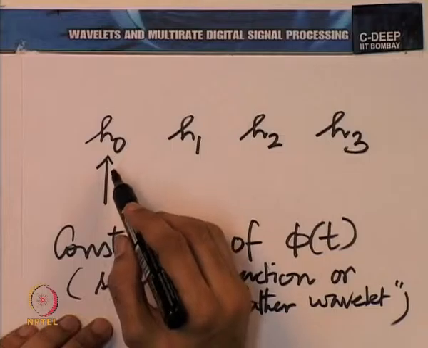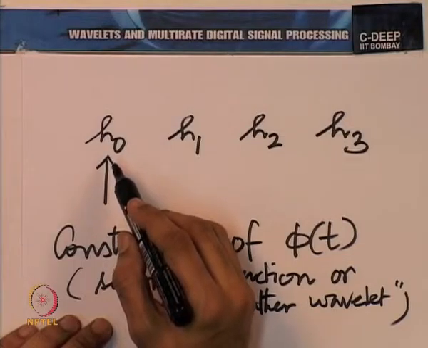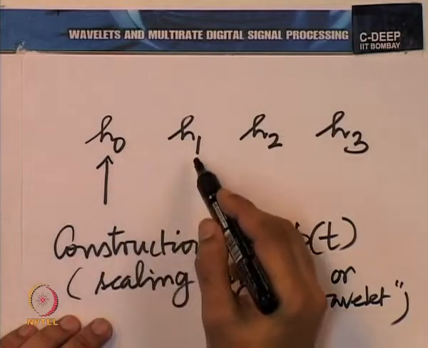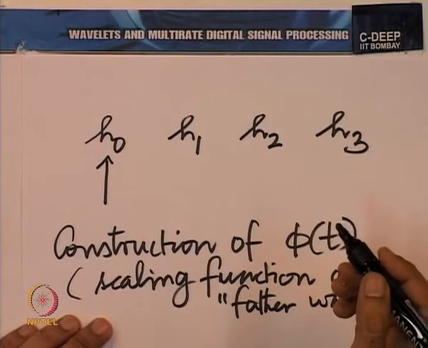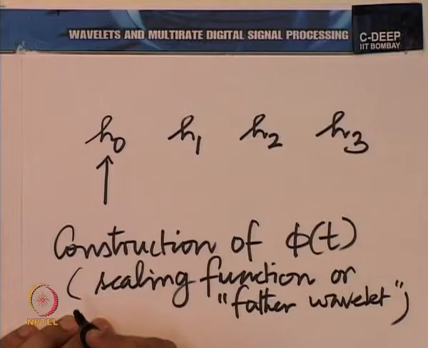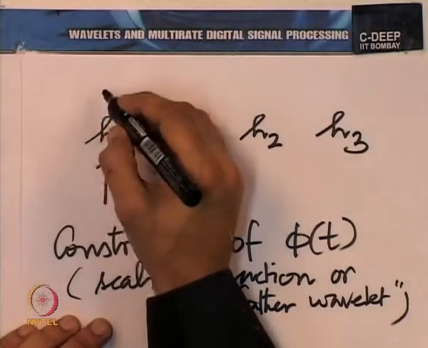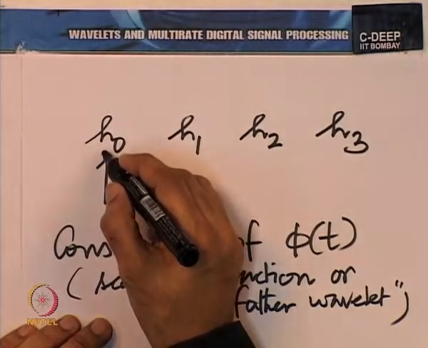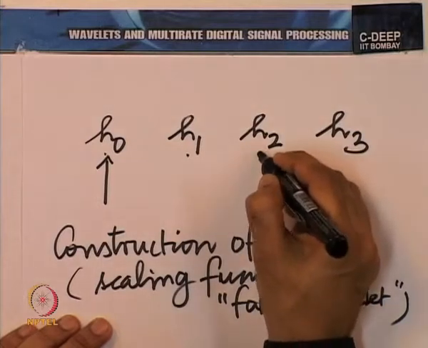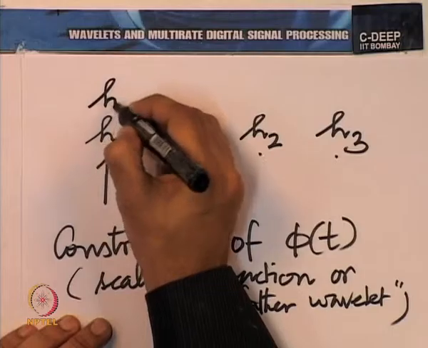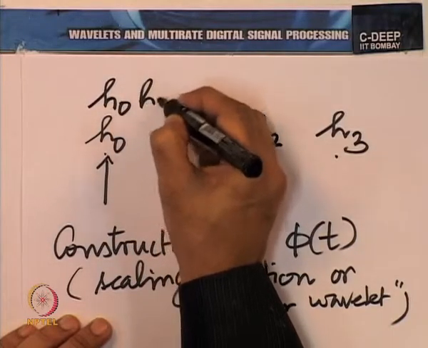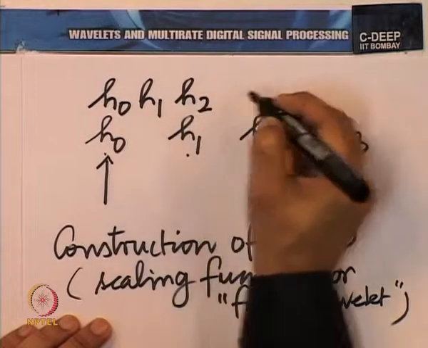If you recall, the basic step every time was first to take the sequence and then to take the sequence squeezed on the time axis by a factor of 2. So, if you put the sequence at these locations, now put the sequence at the following locations: H 0, H 1, H 2, H 3.